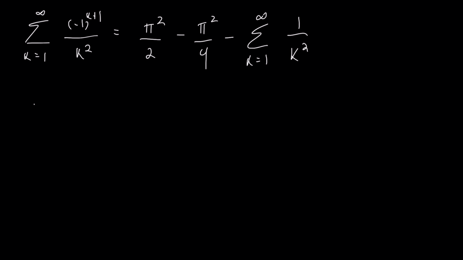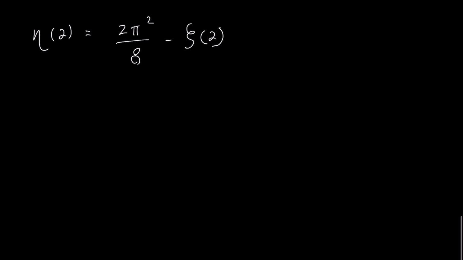This is just the eta function evaluated at 2, and pi squared over 2 minus pi squared over 4 is the same thing as 2 pi squared over 8, and this is the sum we're looking for minus the zeta function at 2. And we know an identity, that the eta function at s is 1 minus 2 to the 1 minus s times zeta s.